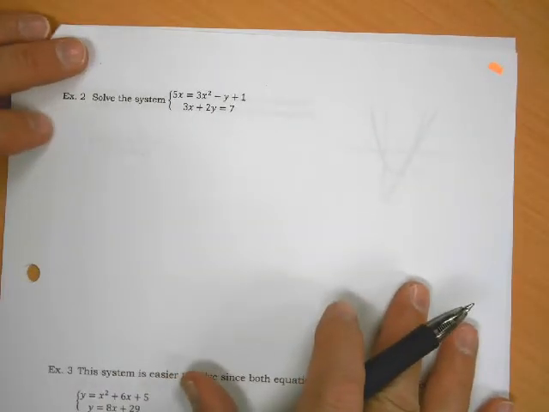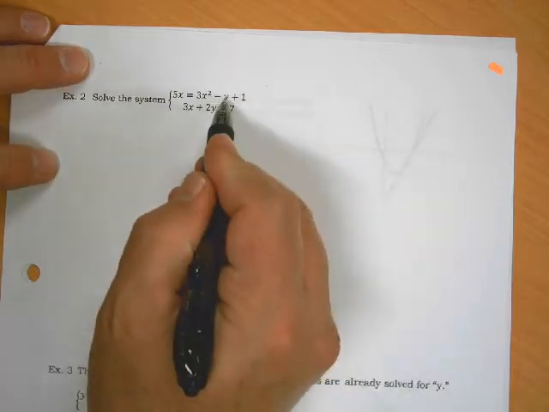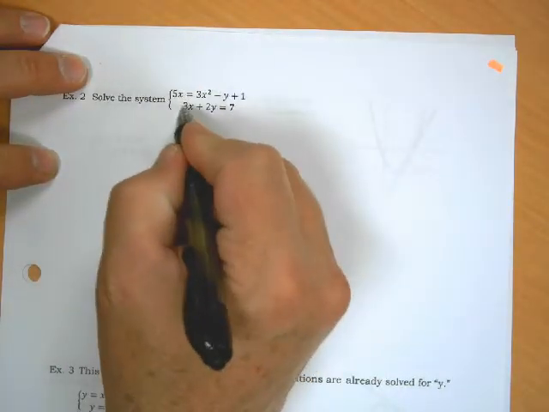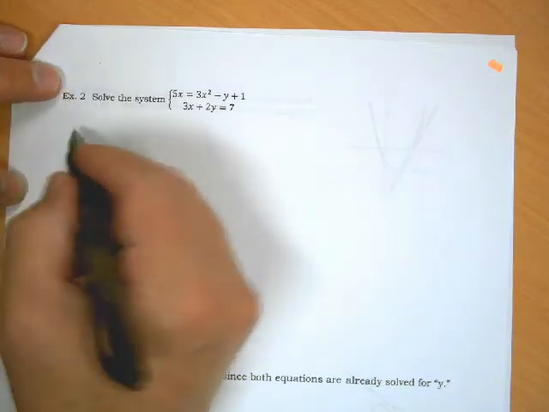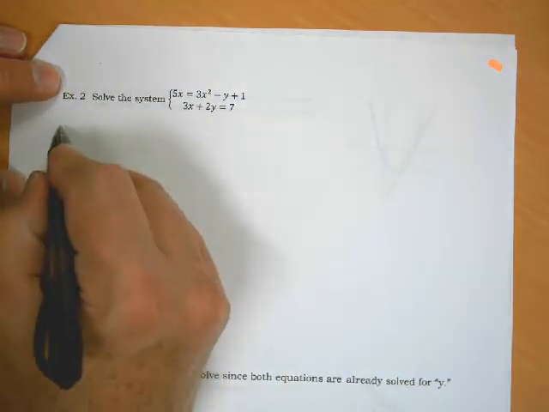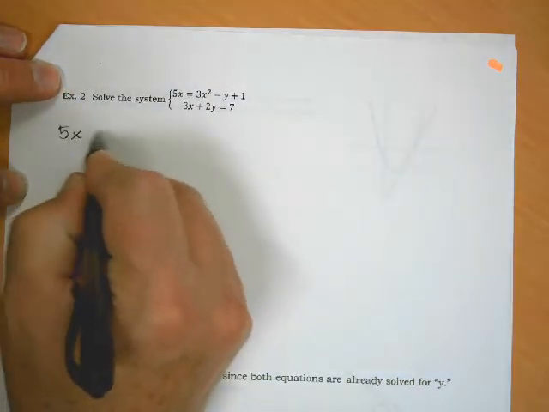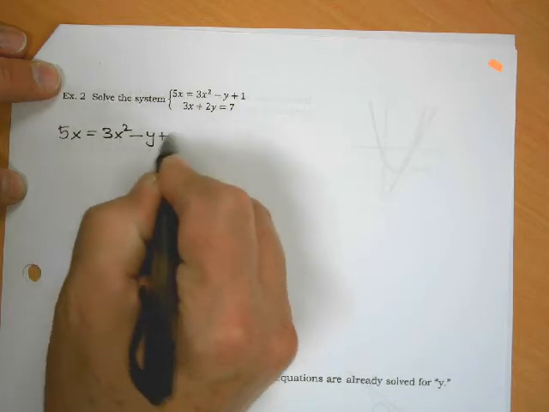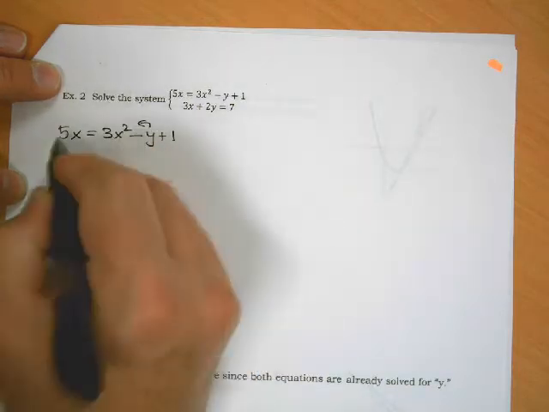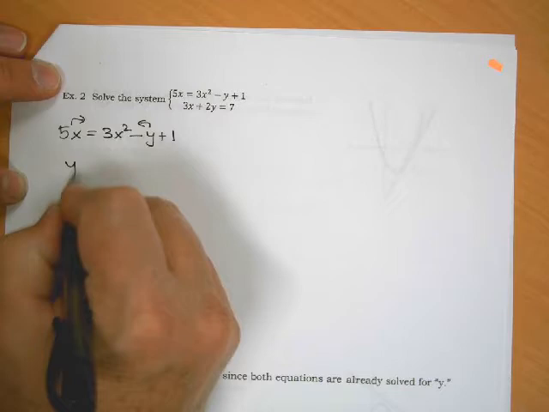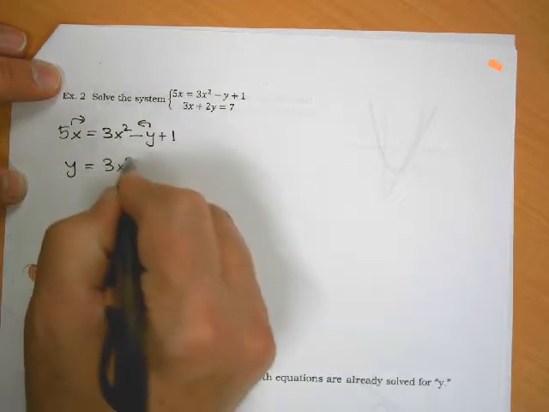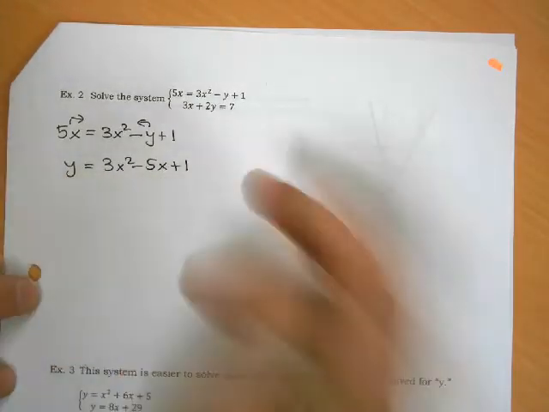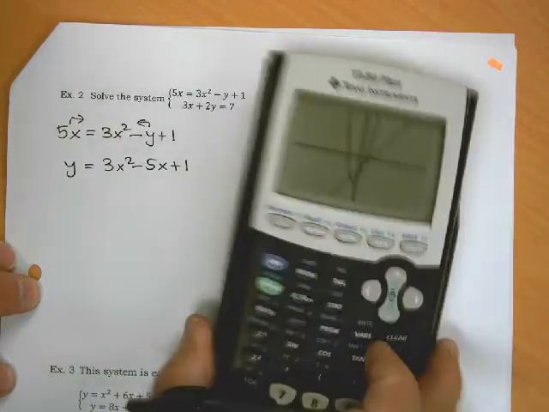Okay, in this case, we're trying to get the quadratic part of it, the top, to solve for y. That's your starting point, so I'm going to copy the original here. And I'm going to solve for y by taking that y over. Okay, let's graph this one while we're at it.